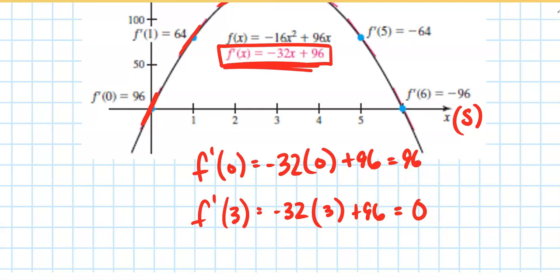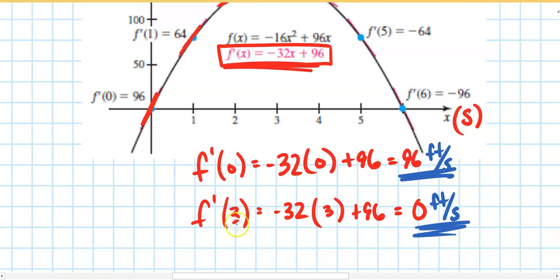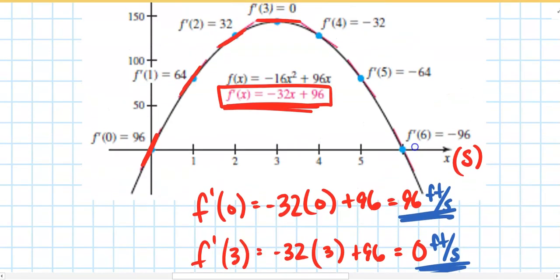And again, this should make sense because when we consider our units, and I'll make them stand out a little bit here, feet per second, this computation represented our initial velocity. This one represents our velocity at 3 seconds, and we can do that for any time along the path here.